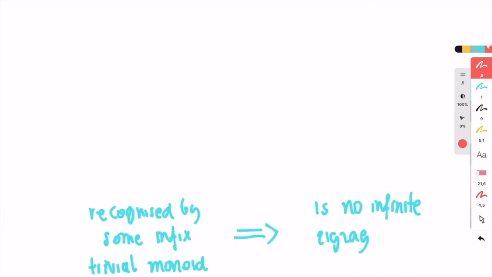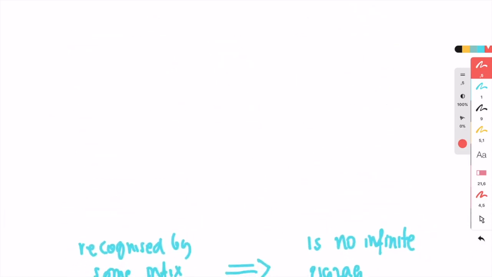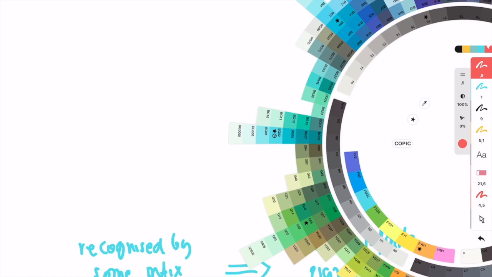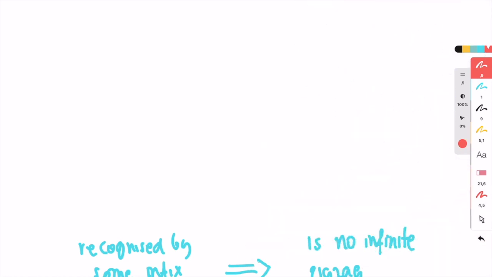The hard part is this one: if you're recognized by some infix trivial monoid, then there is no infinite zigzag. Well, the key lemma here is the following. Let's define an AB zigzag.